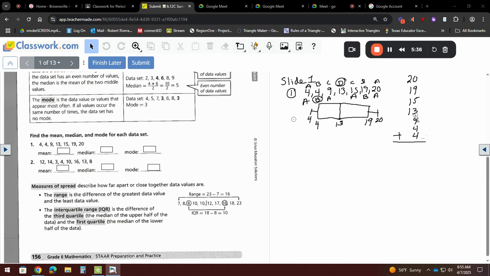And use your fingers if you need to. Plus 5, 25, plus 9, 34. Good. 5, 6, 7, 8, 84. So the total is 84, but we're not done with mean. Then we have to divide by the quantity. The data points were 1, 2, 3, 4, 5, 6, 7. Put your decimal quickly.